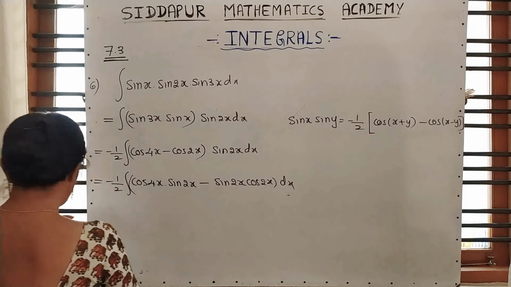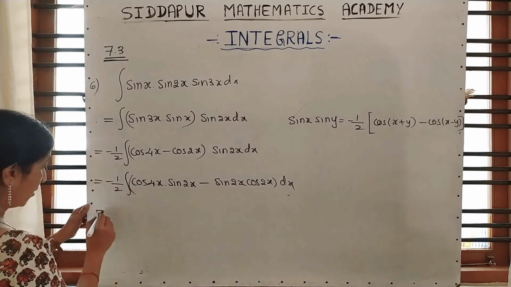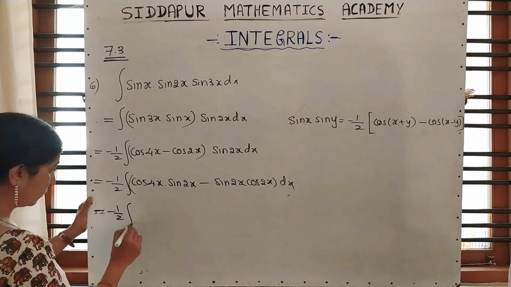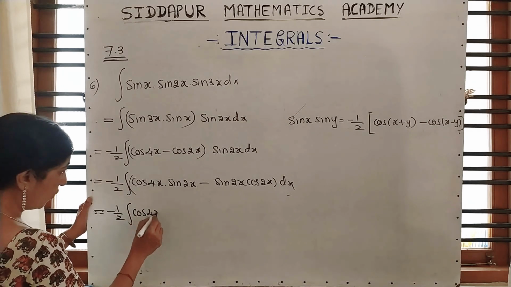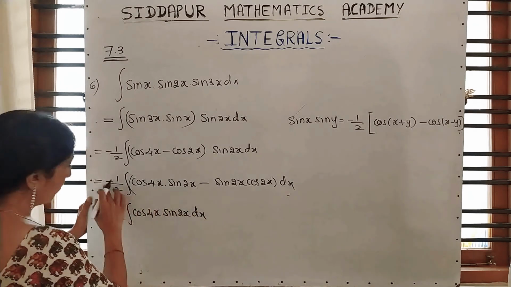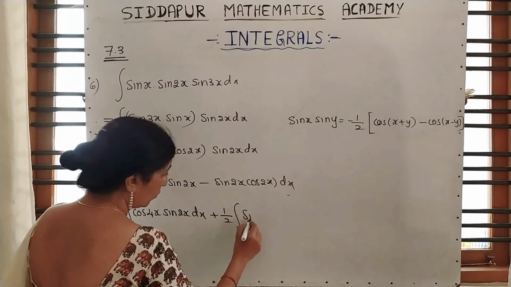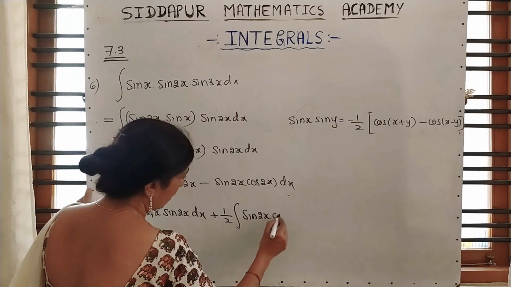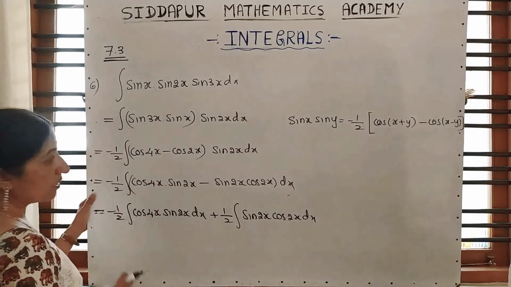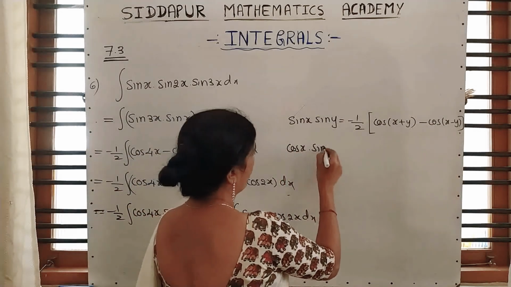And in the next step I took minus 1 by 2 inside the integration, and I took the integration separately. Minus 1 by 2, integration of cos 4x into sin 2x. This minus into minus becomes plus, integration of sin 2x into cos 2x. Here it is in the form of cos x into sin y.